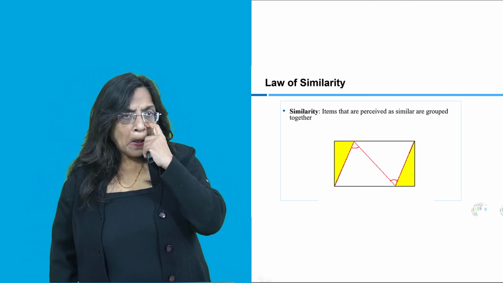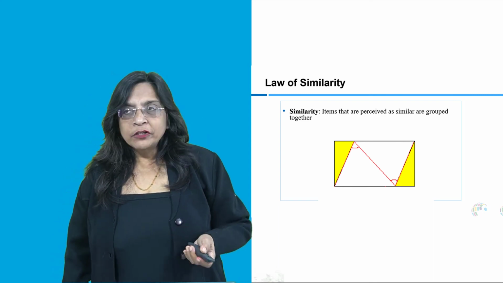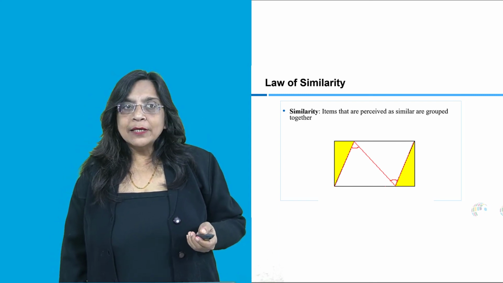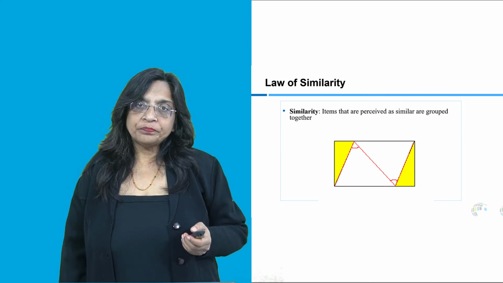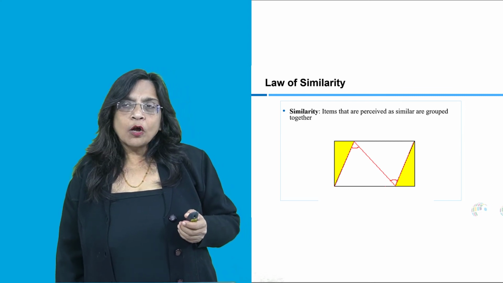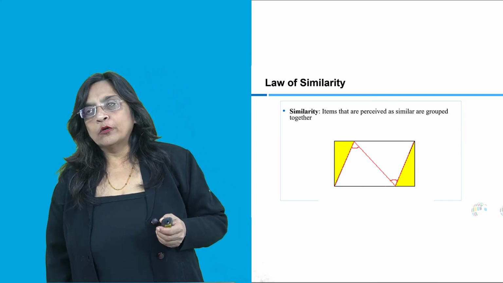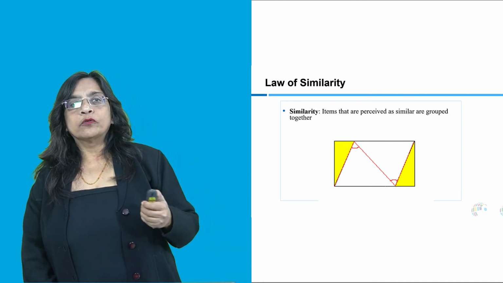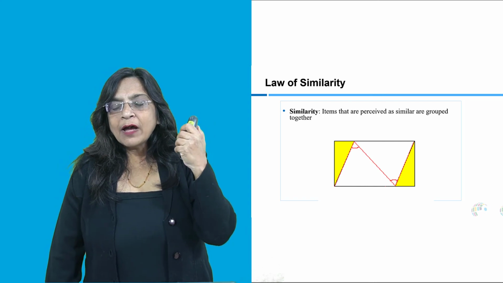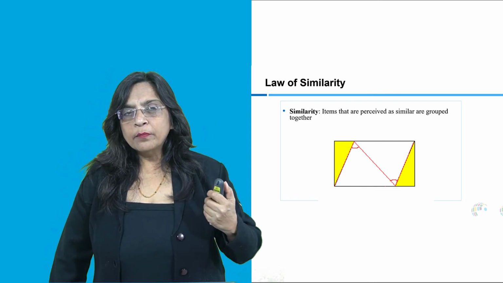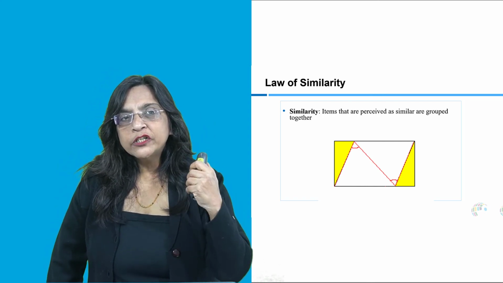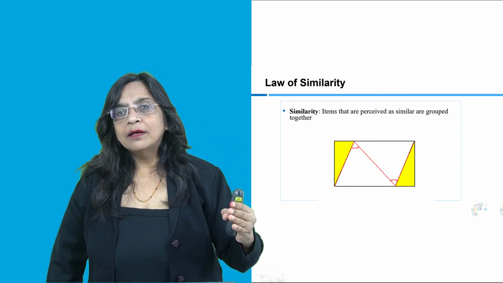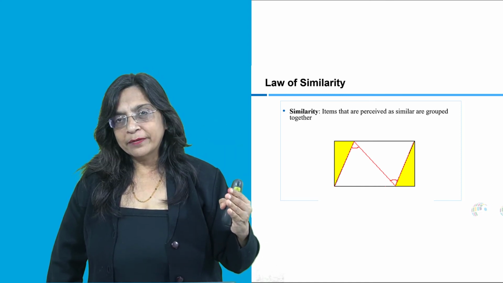Now if I look at this particular visual, we have a parallelogram and a rectangle, right? Now if I was to teach someone parallelogram, what do I have to teach first? Just think about it. If I have to teach a parallelogram, I cannot do it without teaching them what a rectangle looks like.